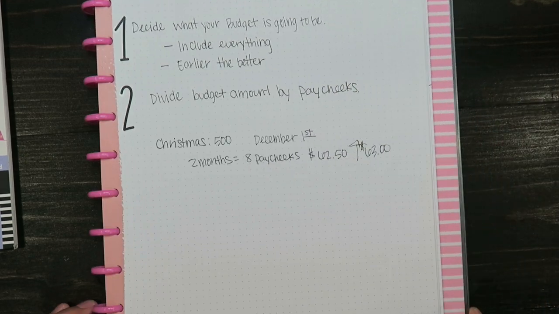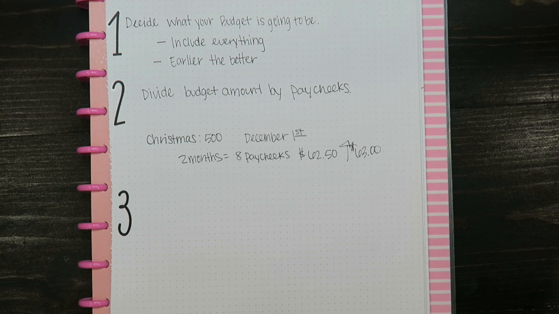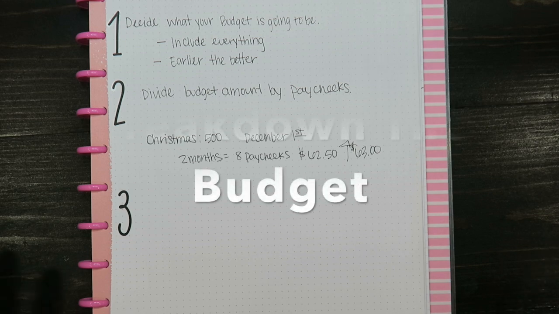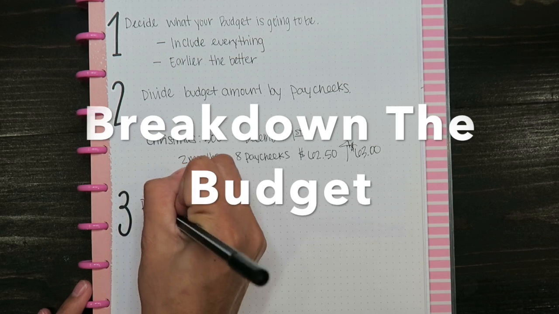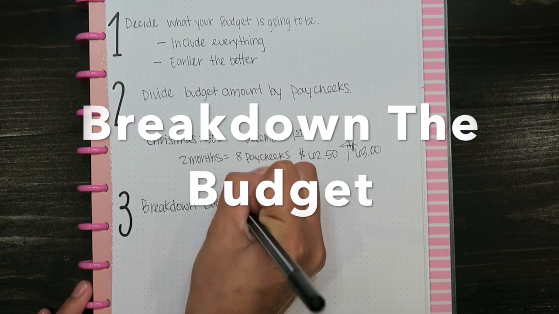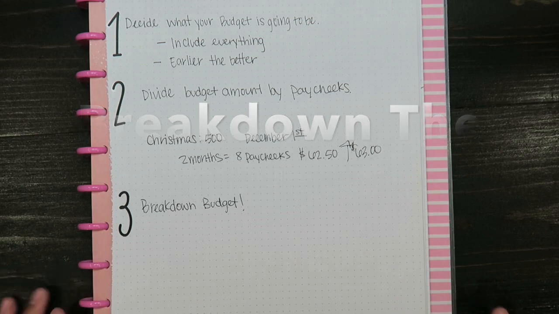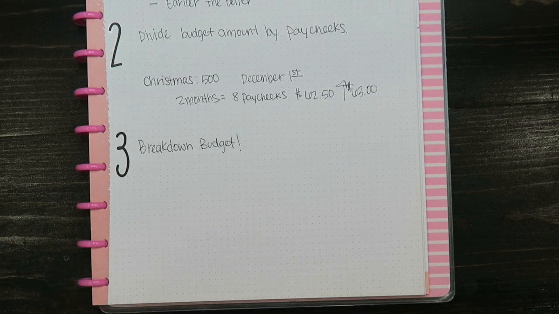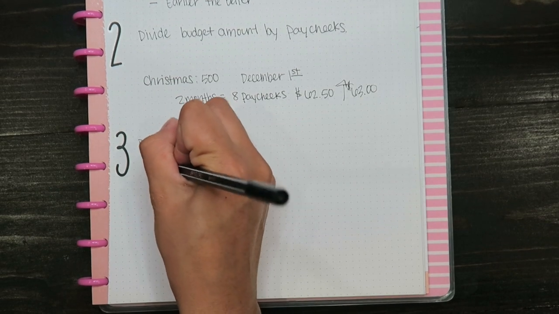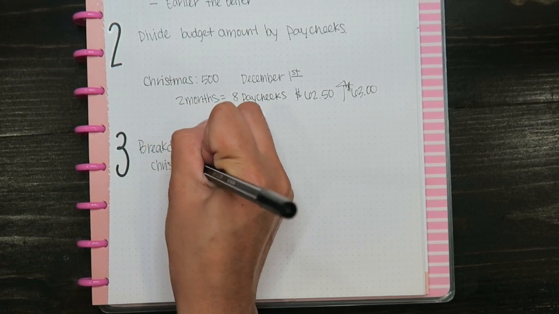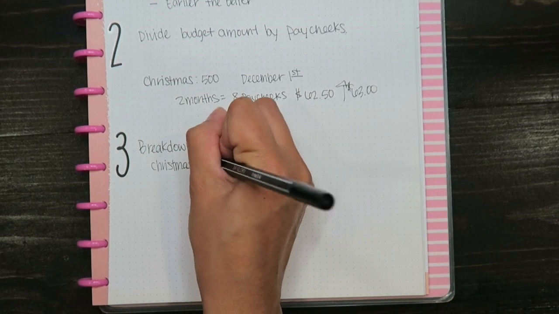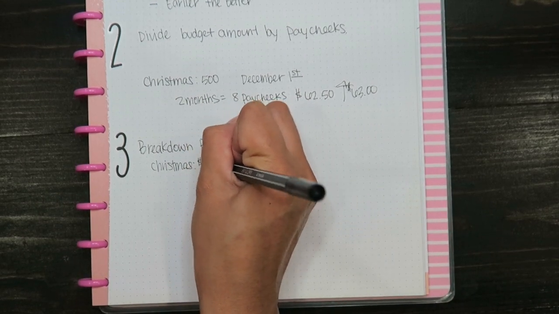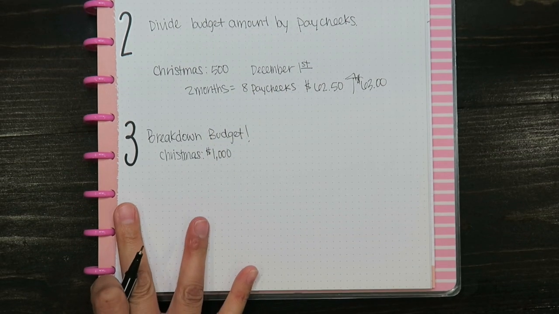Okay? But for this third step, you are gonna break down your budget, okay? So I break down the budget. What I mean by that is, let's say for Christmas, for example, we have a budget of $1,000, okay?